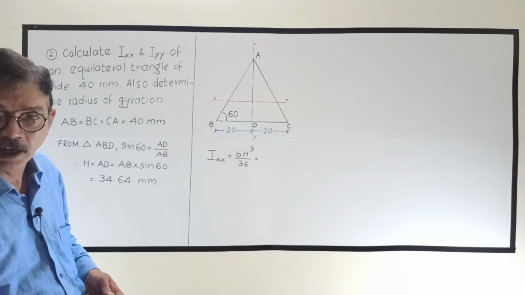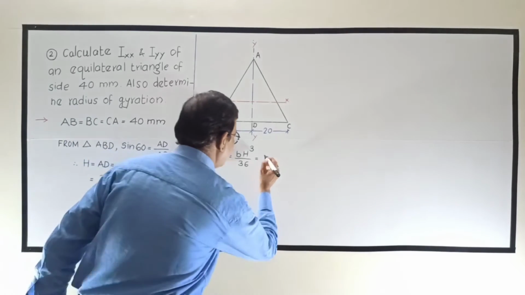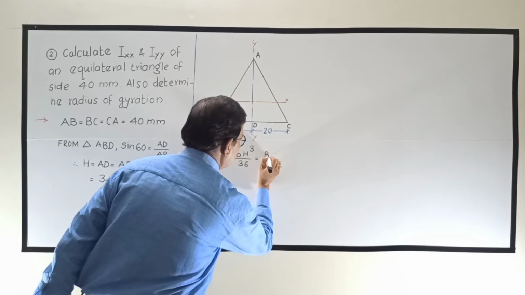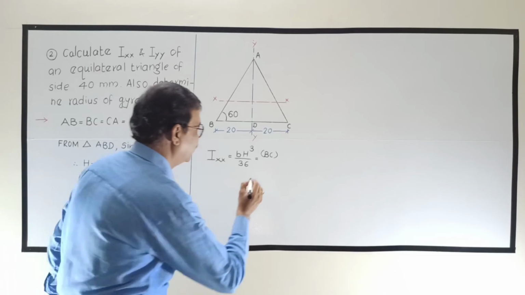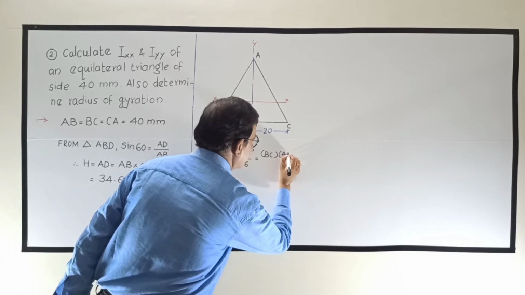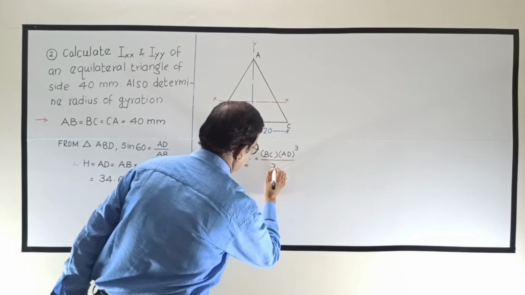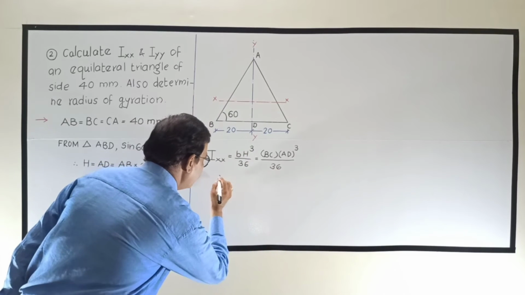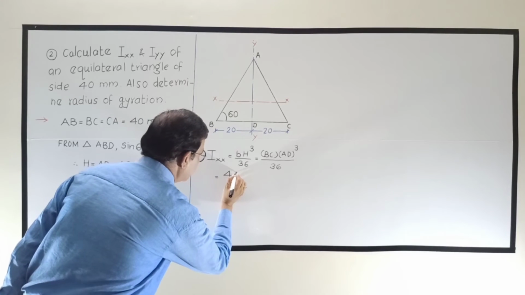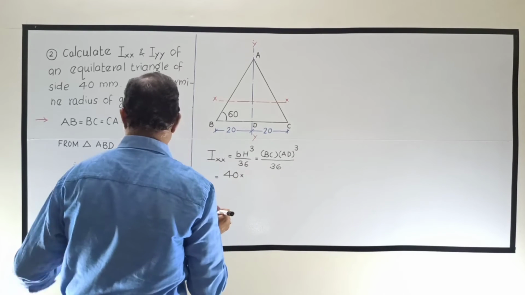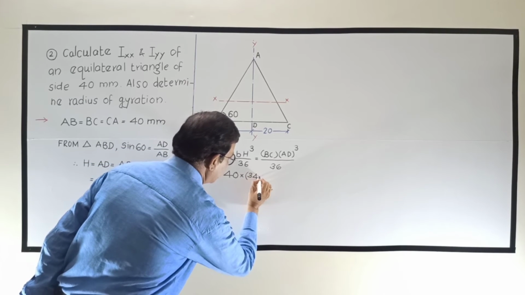Now what is B? B is the base, that is BC. So I will write it like this so that you will understand it. BC into h cube. What is h? AD cube divided by 36. Substitute the values of BC and AD. BC is 40. AD we have calculated, 34.64.